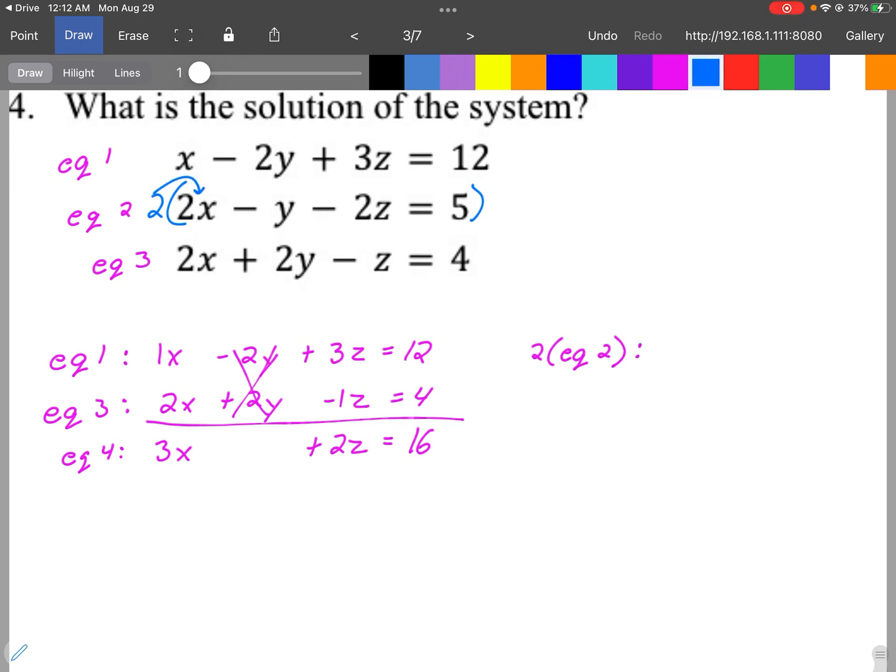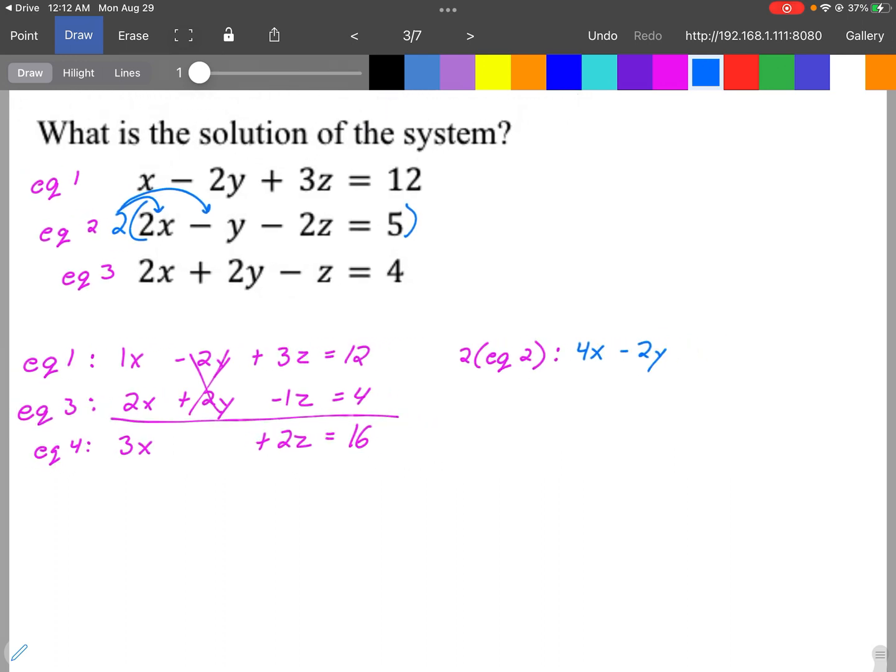And so then that means 2 times 2x is 4x. 2 times negative y is negative 2y. And then 2 times negative 2z is a negative 4z equals 2 times 5 is 10.